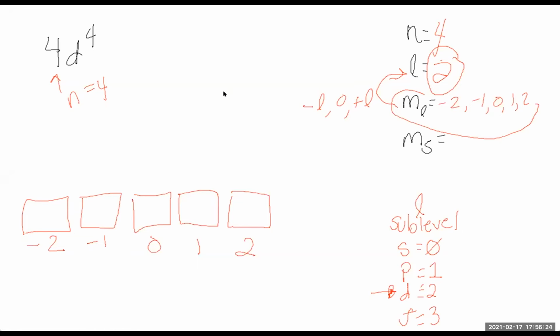How do we know how many electrons we have? Isn't it 4? Right, 4 electrons, correct. Because of that exponent. So then according to Hund's rule, we're going to make sure that we spread them out. So we're going to do 1, 2, 3, 4.